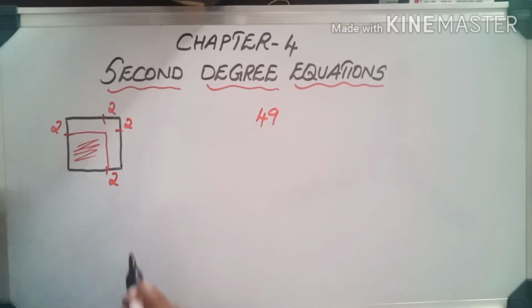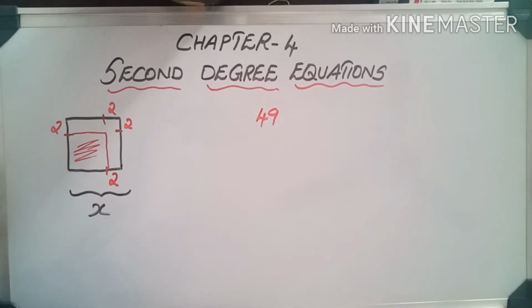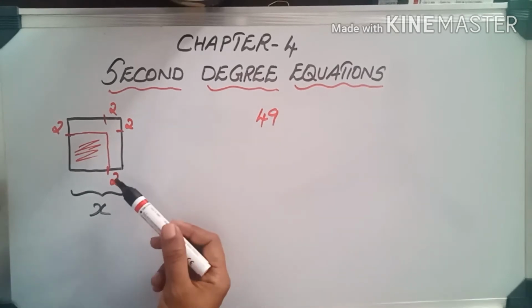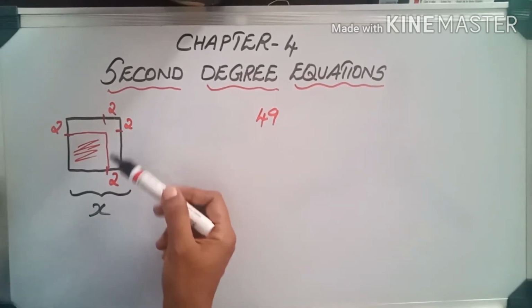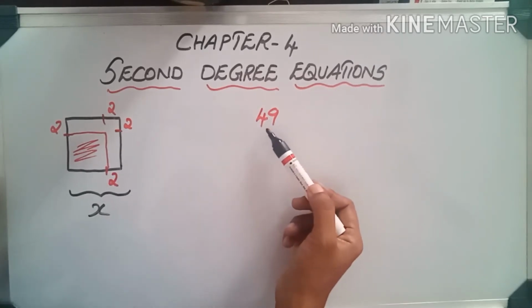So first let's consider the original side as x. All the sides will be x. Now what will be the equation? Original side x, and it is given the new area. After reducing 2 meters from each side, the area became 49.